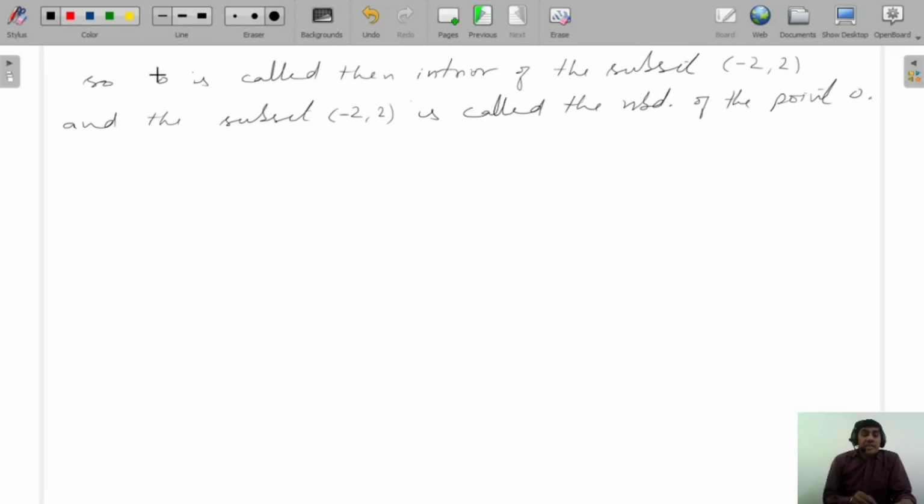Next we will discuss a result based on neighborhood and interior point of the metric space theorem.